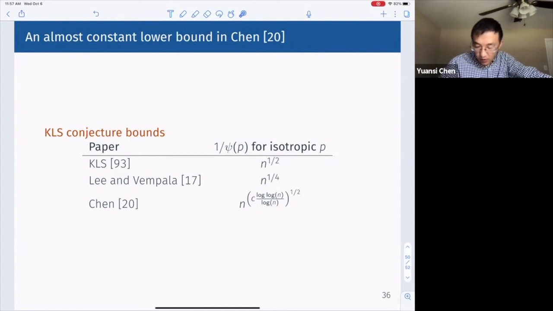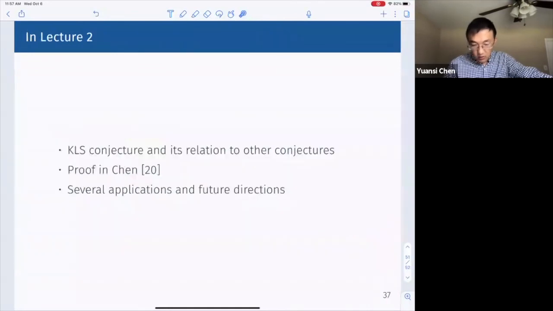So this exponent tends to 0 when n tends to infinity. So for large n, this exponent will be better than the 1/4 exponent they got before. It's almost a constant lower bound in the KLS conjecture.